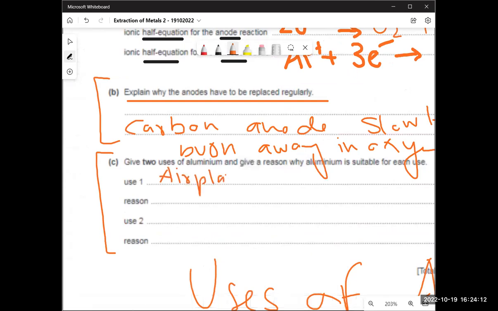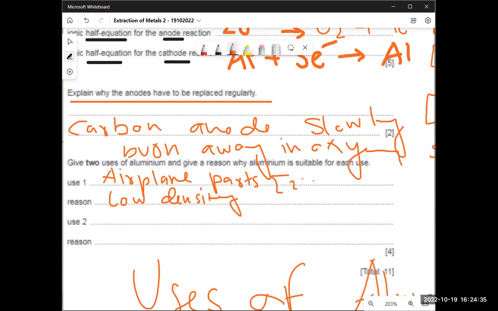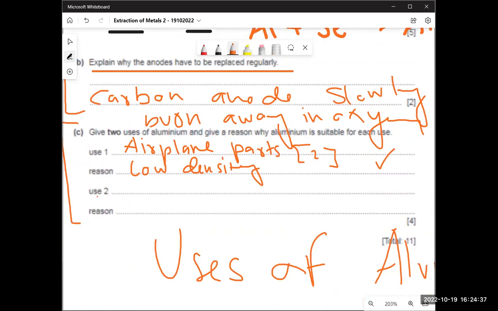Airplane parts. Reason why it is used? I don't remember, but I have two that I know. One, because it might not rust, and second, because it makes the airplane light. It's not heavy. So low density. Yes. So that's 2 marks here. Done. Good job. Next one.